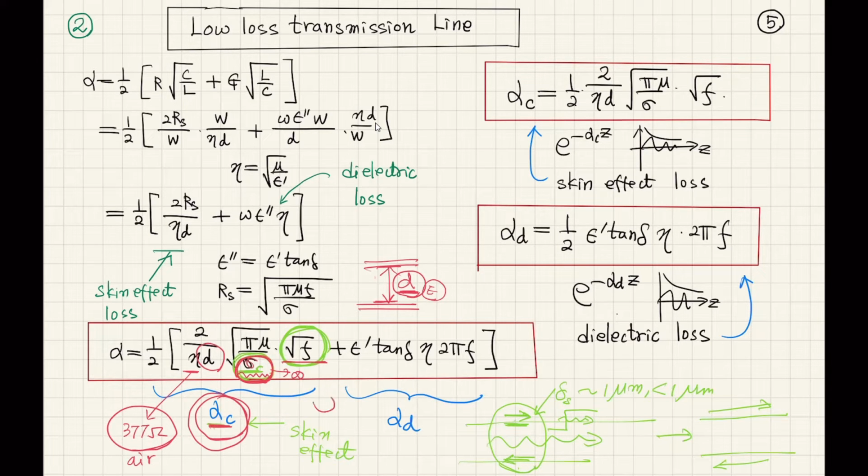As I mentioned, the attenuation is proportional to the attenuation constant and the length of your interconnection. So the only way we can lower this attenuation is the length of your interconnection. Length.